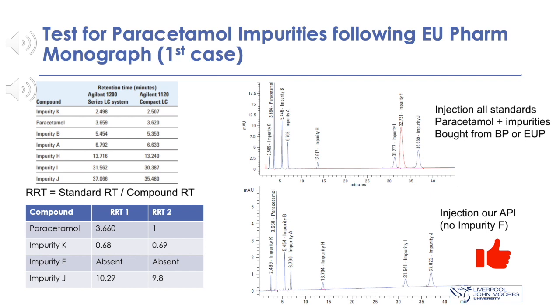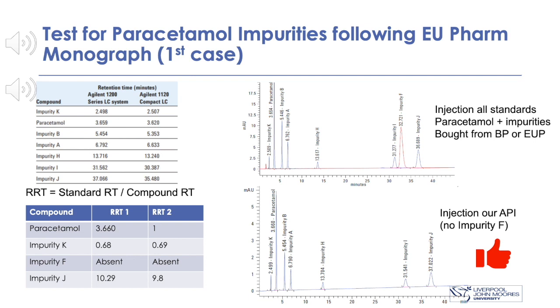They look like smaller differences. Impurity K is up or down 0.01, and impurity J is just less than 0.4 units. That's probably a better way to talk about differences in HPLCs.